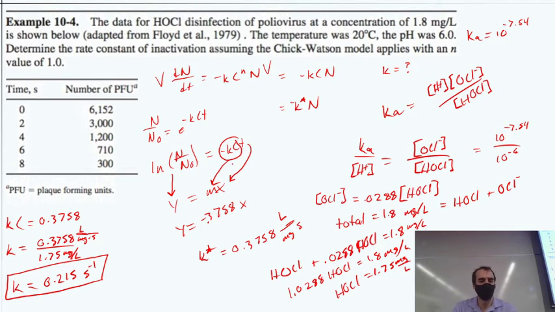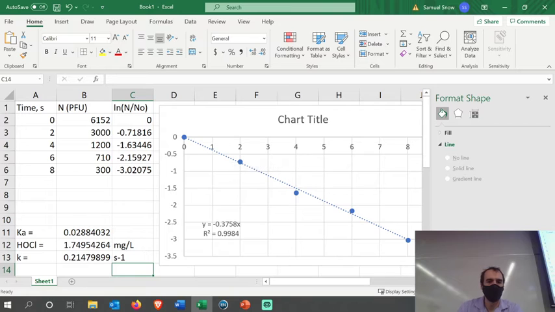So when we take a look at the Excel, I plotted this, and I didn't label it, but the x-axis is time, and so you see it's like 2 seconds, 4 seconds, 6 seconds. The y-axis is our natural log of n over n naught. Does that make sense?